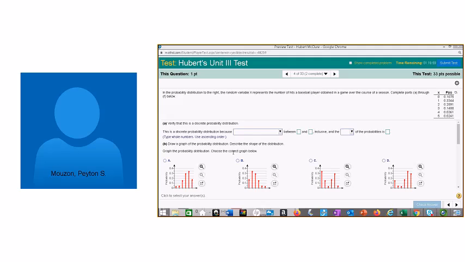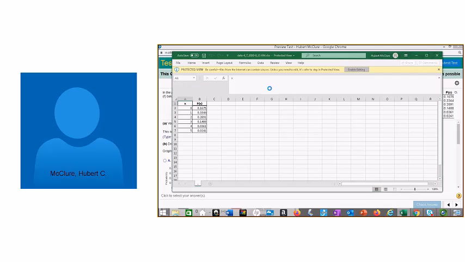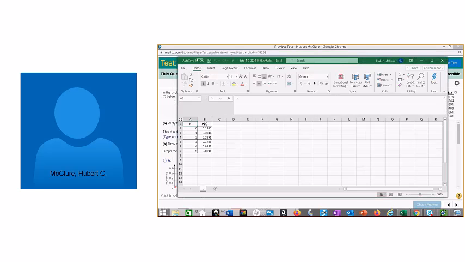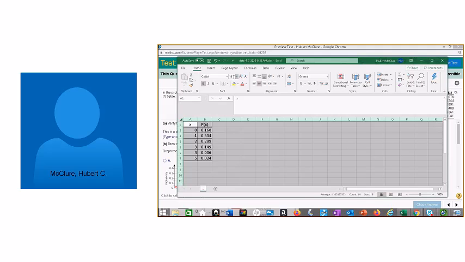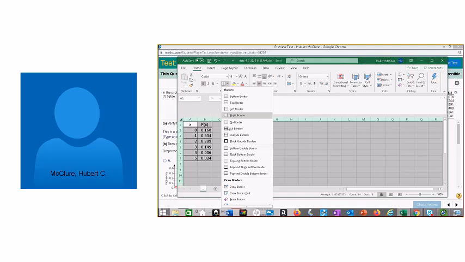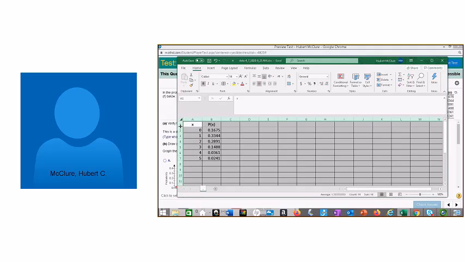So I'm waiting for it to come up. Just give it a second. And you can copy it down. Everybody see it okay? You should be able to see the spreadsheet. I'm going to make it a little bit bigger, and make this a little bit wider, and this a little bit bigger.